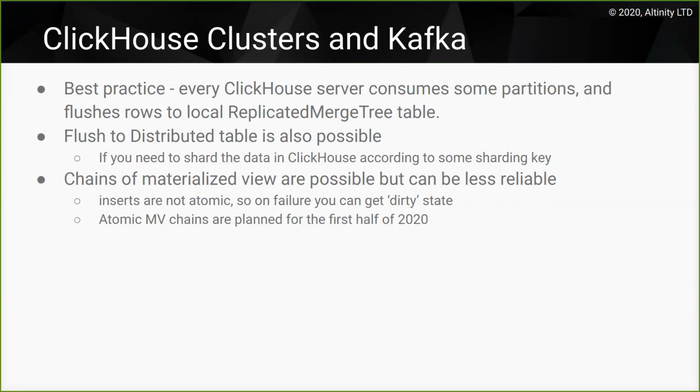But you don't put the data through Distributed. The only exception to that rule is when you have to redistribute the data according to some sharding key which is not available otherwise. In case you need to shard by some key which exists in the data, you put the data through a Distributed table, and it gets redistributed according to that key.